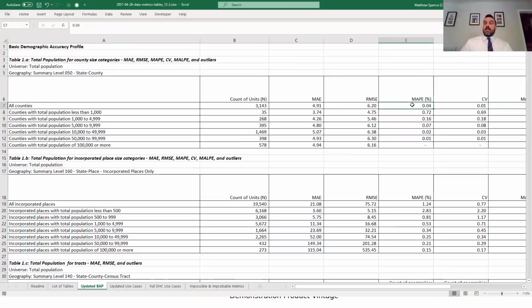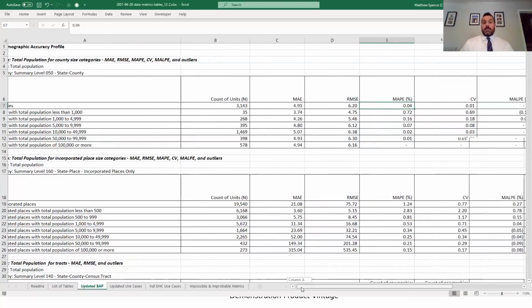And so what we see is that the MAPE is 0.04. So that's a very small number. That's 4 100ths, I think it is, of a percent. A very small number in terms of relative accuracy. So very good. Zero is the goal for perfect accuracy.